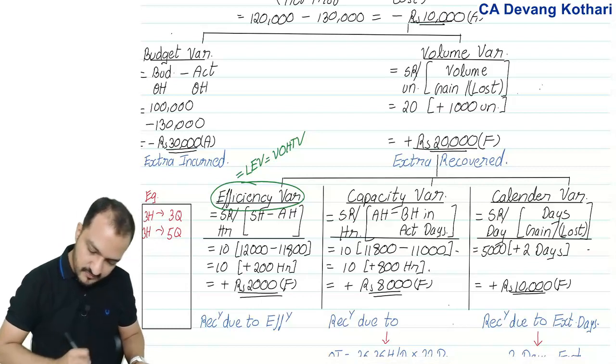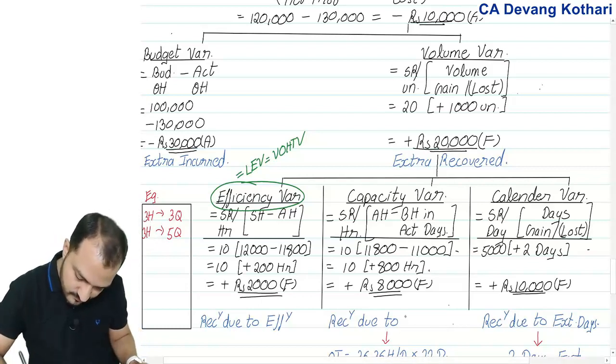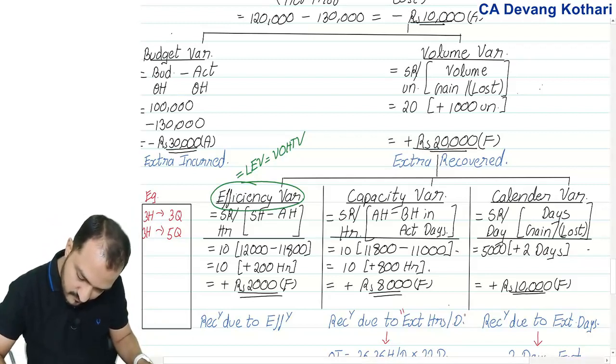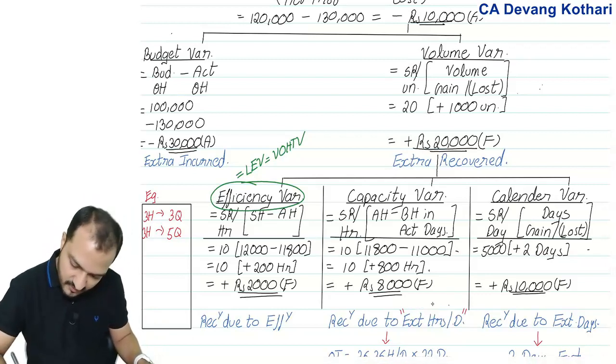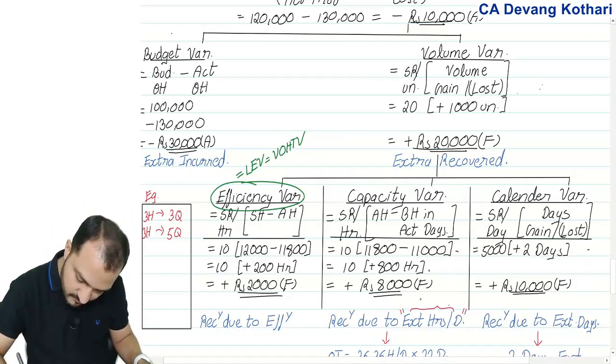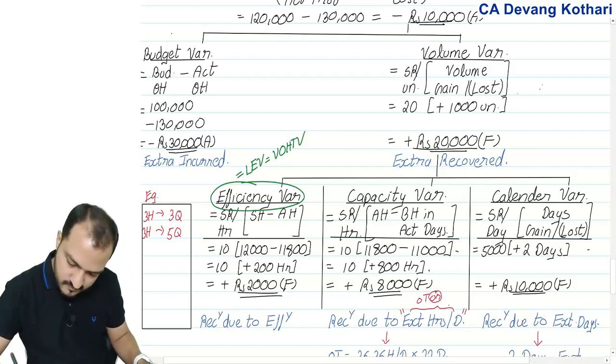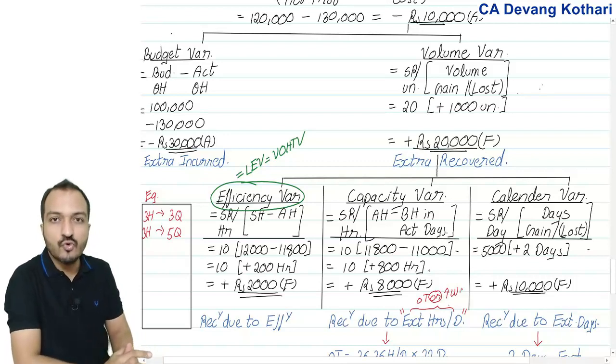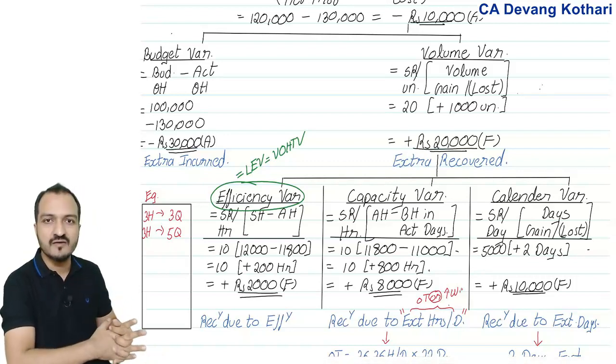Let me put that better. It is extra recovery due to extra hours per day. That extra hours per day might be because of overtime or due to increase in the number of workers.